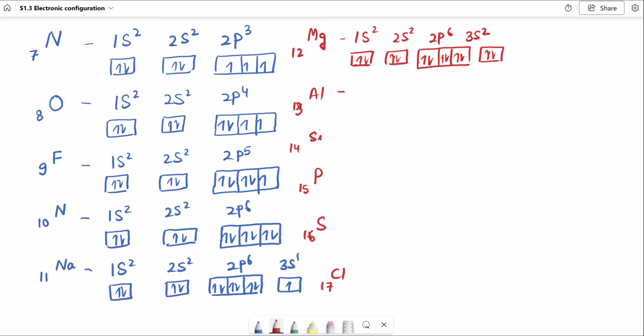Like this. Then we have aluminum, 1s2, 2s2, 2p6, 3s2, 3p1.